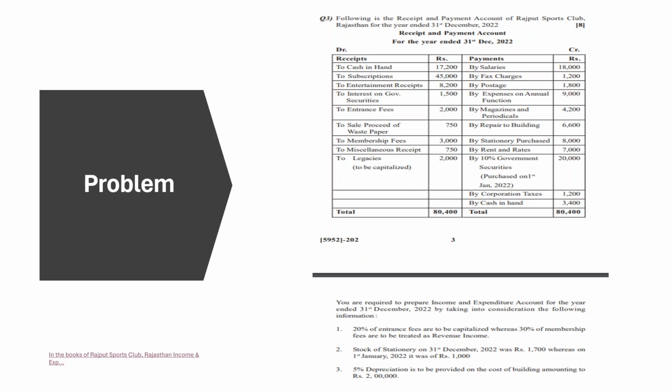And what happened during the year? Under the payment side, by stationery purchase 8,000, means during the year we purchased stationery of rupees 8,000. Therefore, we have to do this adjustment by showing opening stock, purchase and closing stock in the expenditure side.